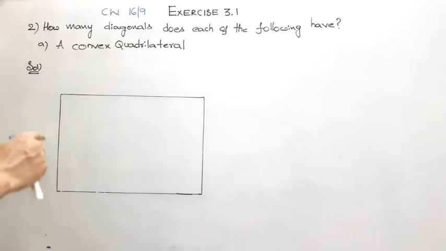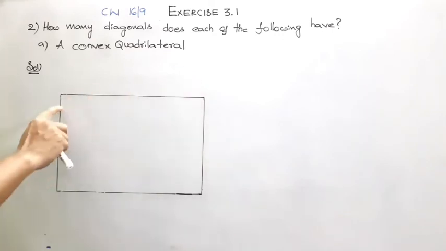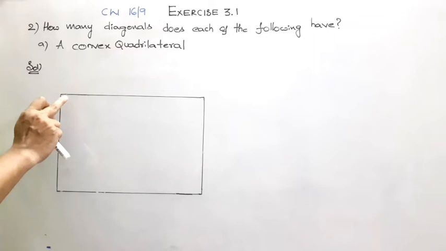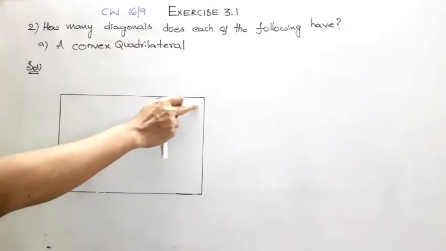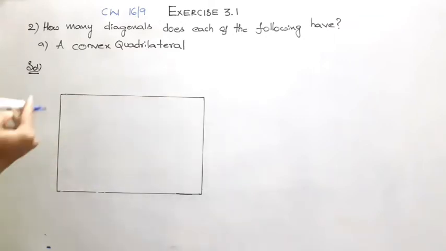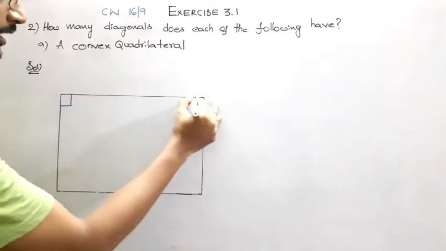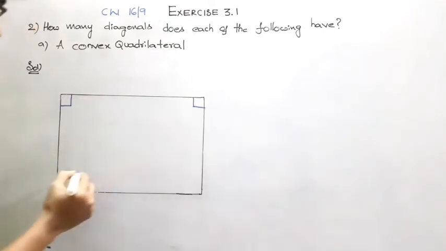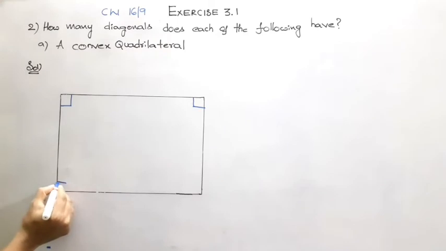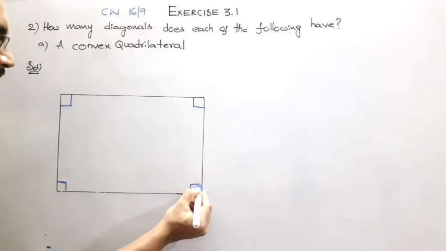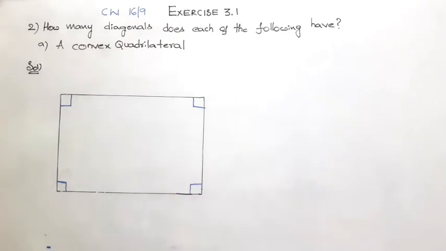The reason why I took this one as a convex quadrilateral is, if you measure the angles: 90 degrees, 90, 90, 90. 90 plus 90 gives us 180. In a rectangle, the angles are right angles, isn't it? Hence, the sum of all the angles in this quadrilateral is going to be 360 degrees.